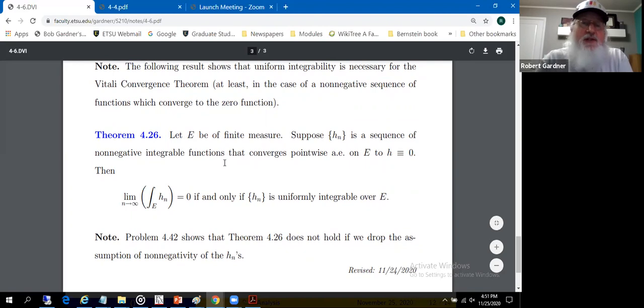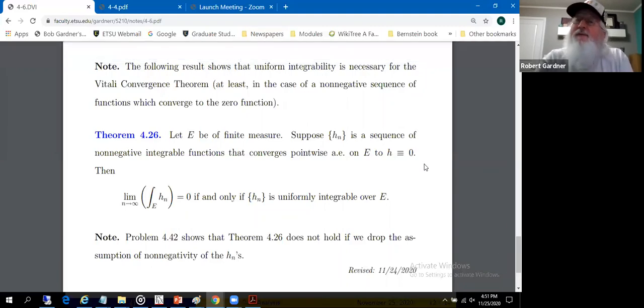Suppose h sub n is a sequence of non-negative integrable functions that converges pointwise almost everywhere on E to the 0 function. All right, if we have uniform integrability, the Vitali convergence theorem tells you the integral of the limit function will be the limit of the integrals. Well, this says the limit as n approaches infinity of the integrals is the integral of the limit function, which is 0, if and only if h sub n is uniformly integrable.